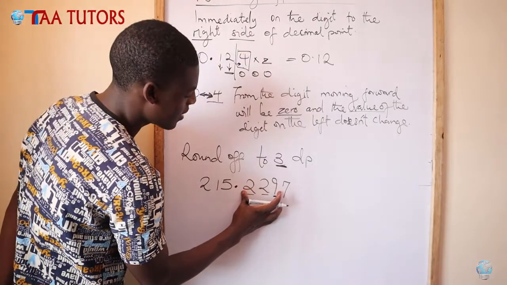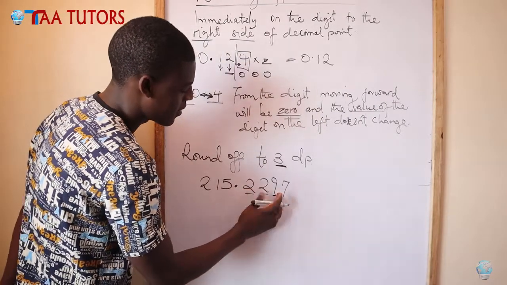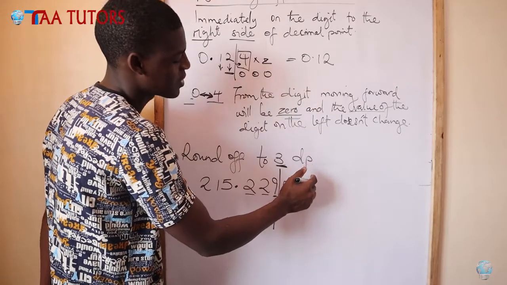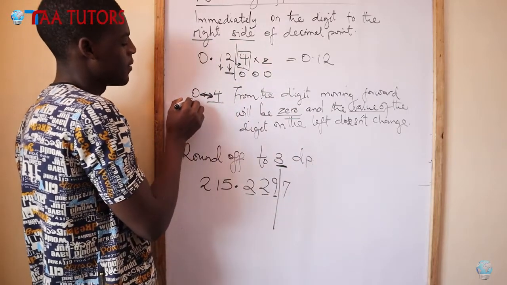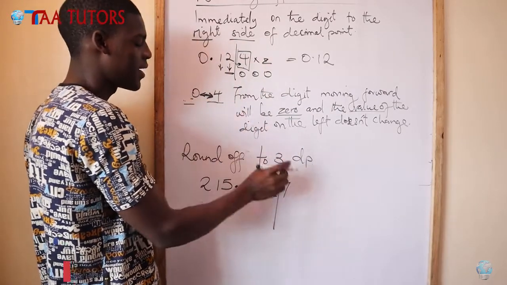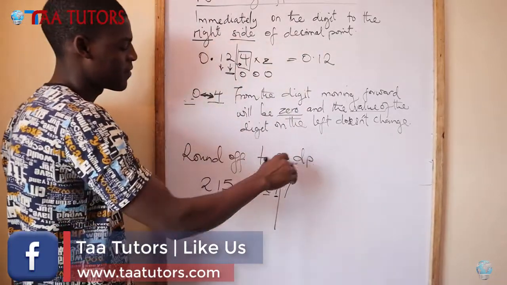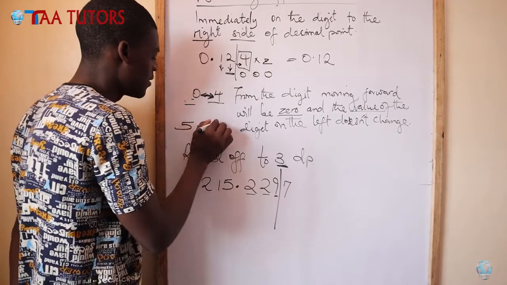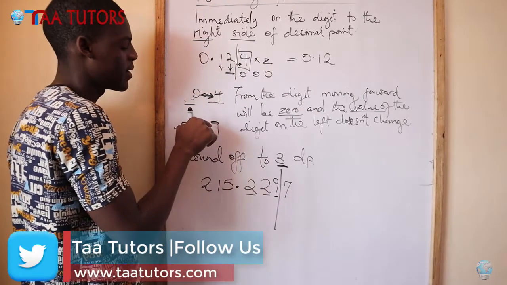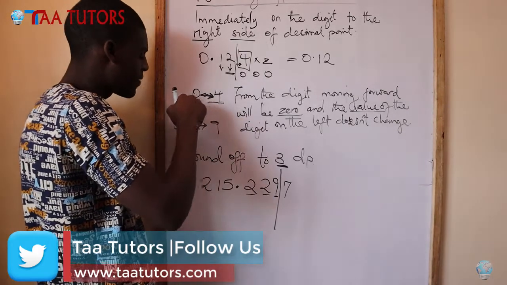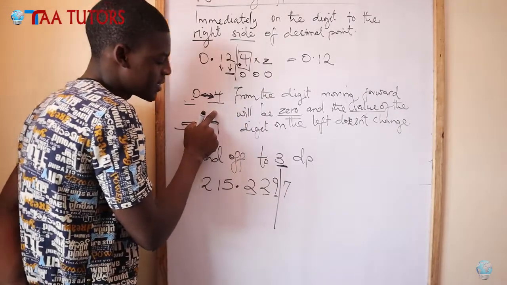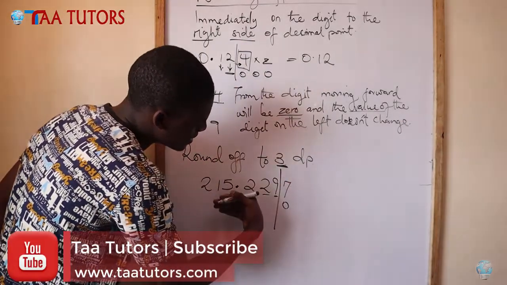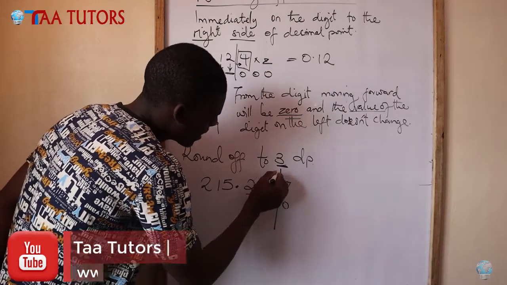These are the required number of decimal places. Then from there we move to the right; the immediate digit to the right is where we start. If it falls between 0 and 4, we just write zeros for the values there. But if it is between 5 and 9, 5 and 9 included, we will have 0 there, but the previous digit will increase by 1. So we add 1 here.